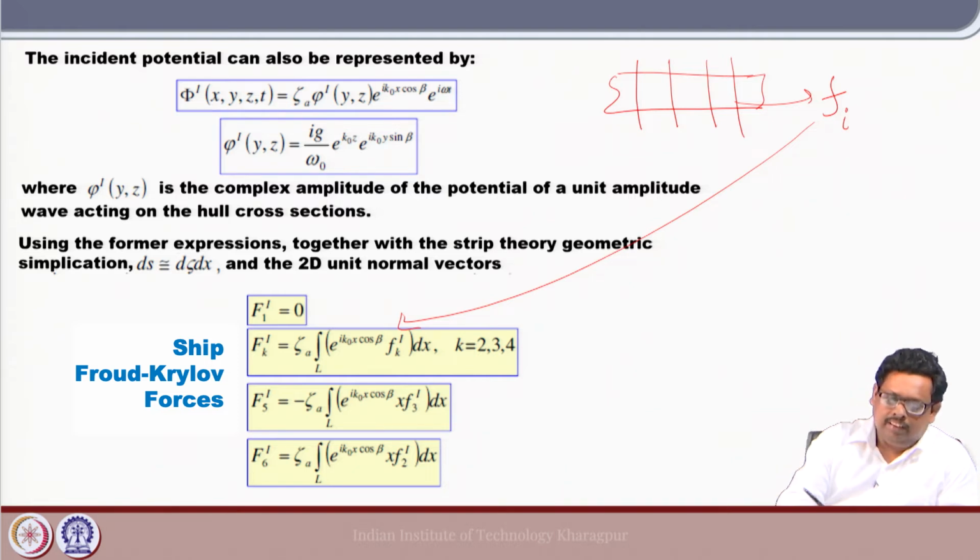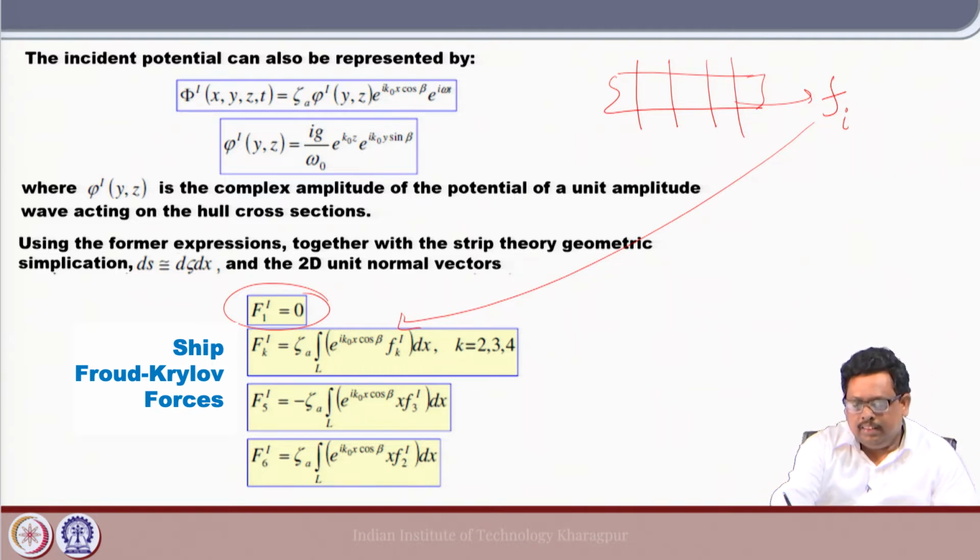Now, you know that we have 6 modes, and in the last class we discussed that f 1 is always 0. Therefore, we need to take the sectional force only in 3 modes. So, what are the 3 modes? The first mode is f 2 which is sway, then f 3 which is heave, and f 4 which is roll.